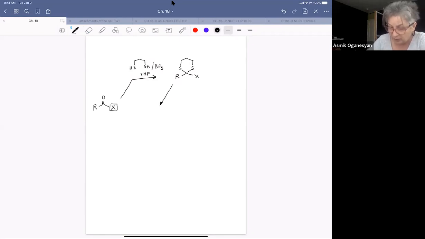You can proceed by making an aldehyde. Oh, making a ketone, actually.